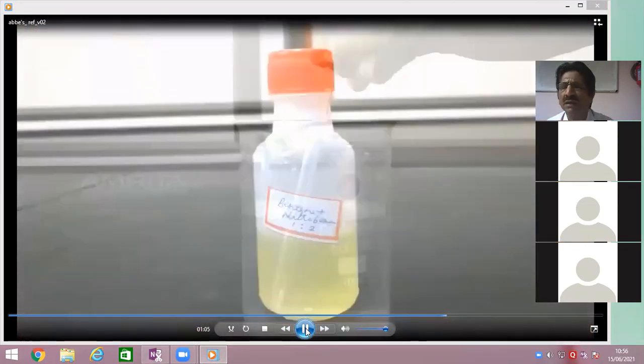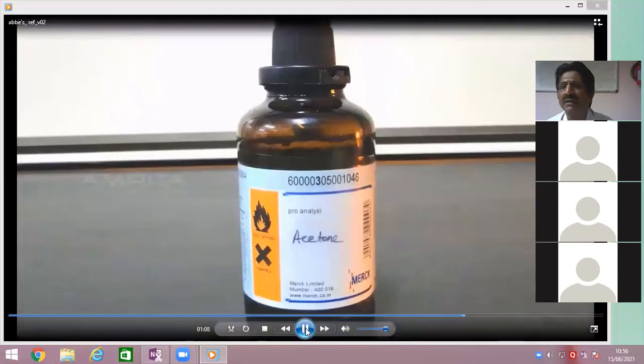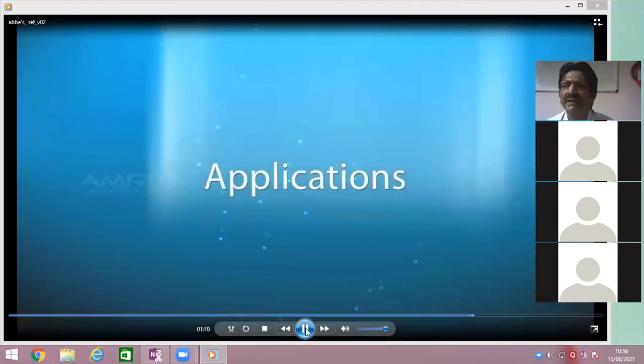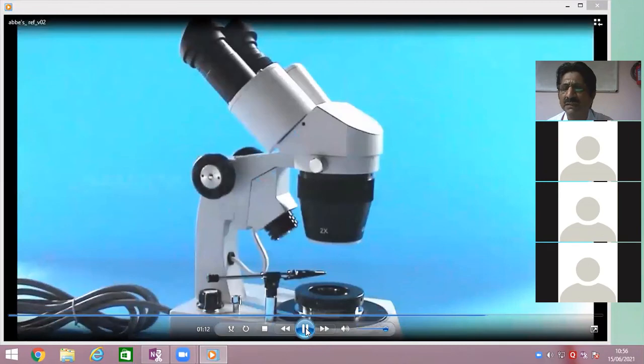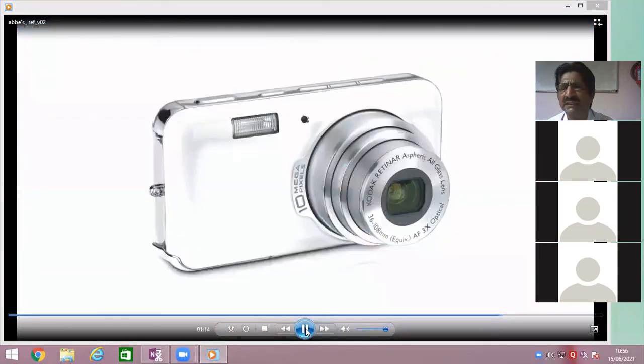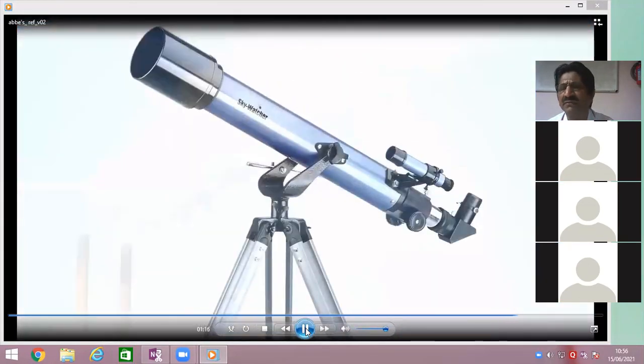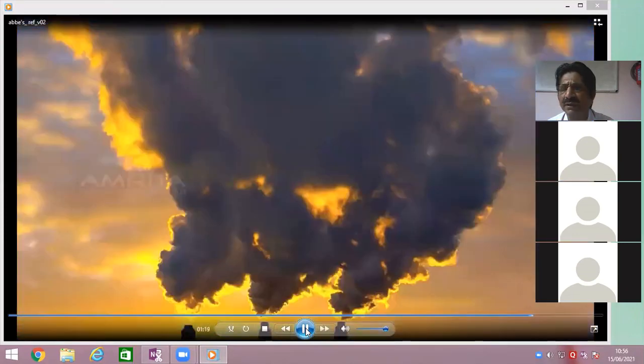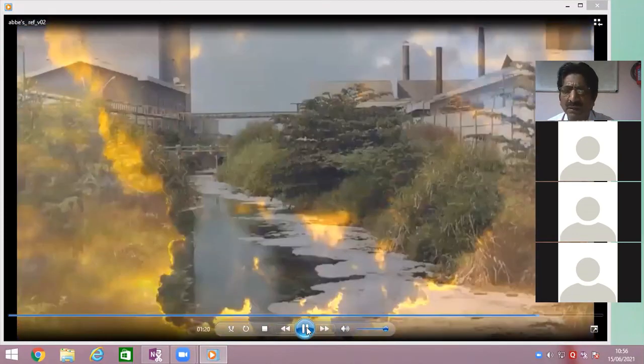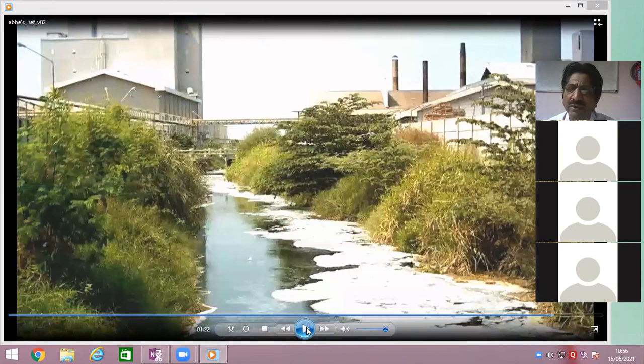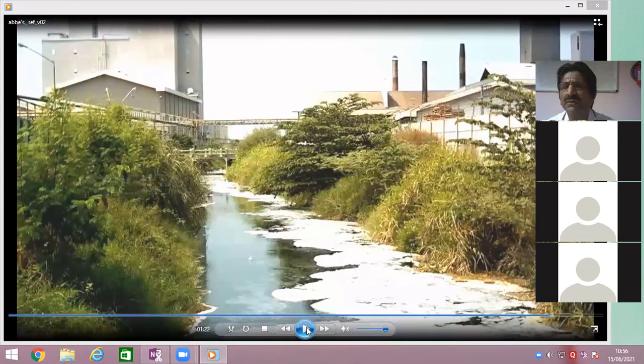Once the liquid is over, you can repeat this with any other type of liquid. There are many different types we can use. We can find microparticles in liquids, or we can also find the dust particles present in the atmosphere, and so on.